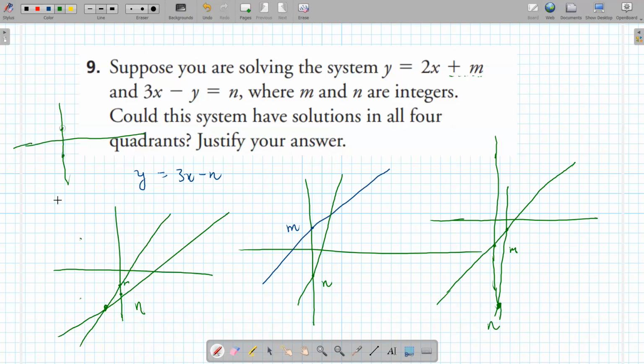Or maybe not, let's see. I don't think it's gonna pass through the second quadrant. Oh, it will. If m and n are both up here, then I think it should pass through the second quadrant as well. Yeah, there we go. So it can pass through all 4 quadrants.